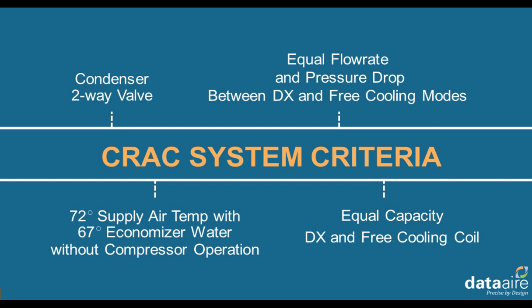With an ask of 72-degree supply air to the space, given the existing conditions of space limitation and the decision for a condenser water loop, a DX CRAC system that could provide dual cooling was the solution that was proposed back.